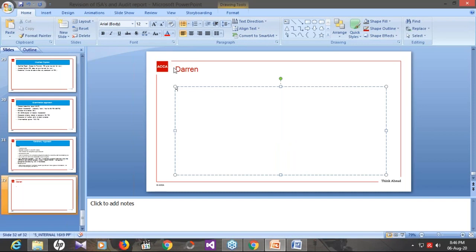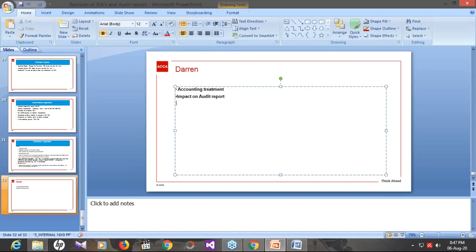There are three requirements. First of all, accounting treatment. Second is the impact on the audit report.